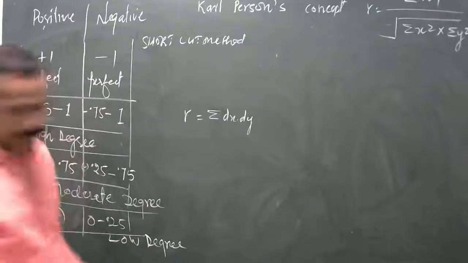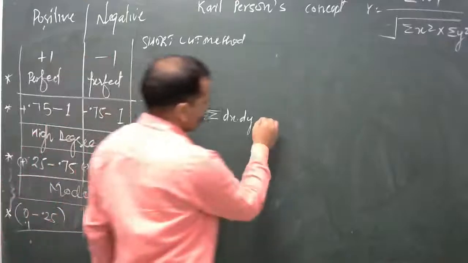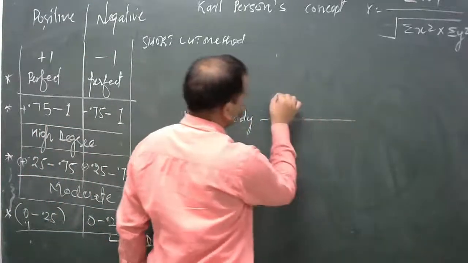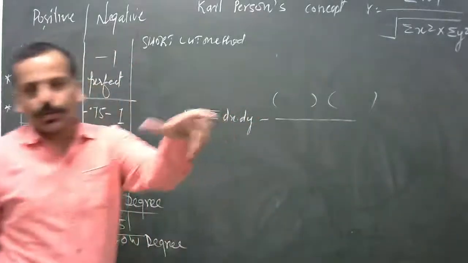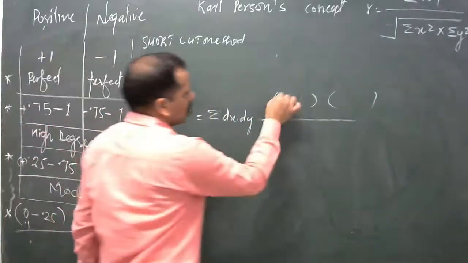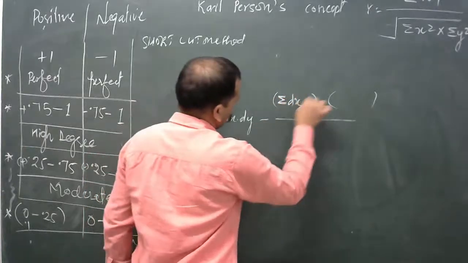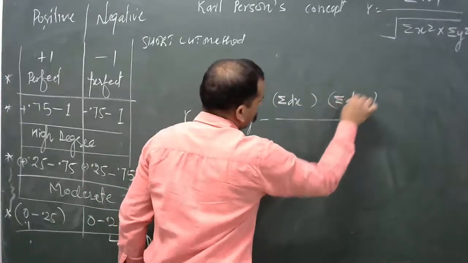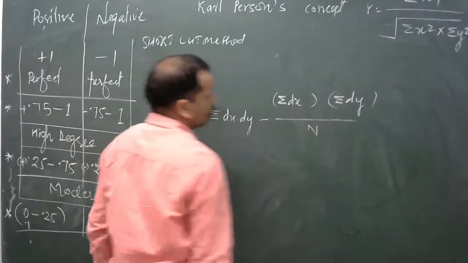Next, minus. Now in this bracket, we are going to separate x and y: summation dx and summation dy upon n.